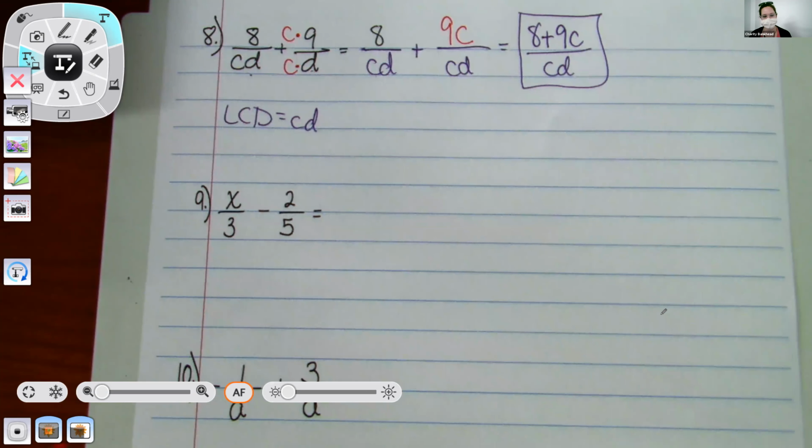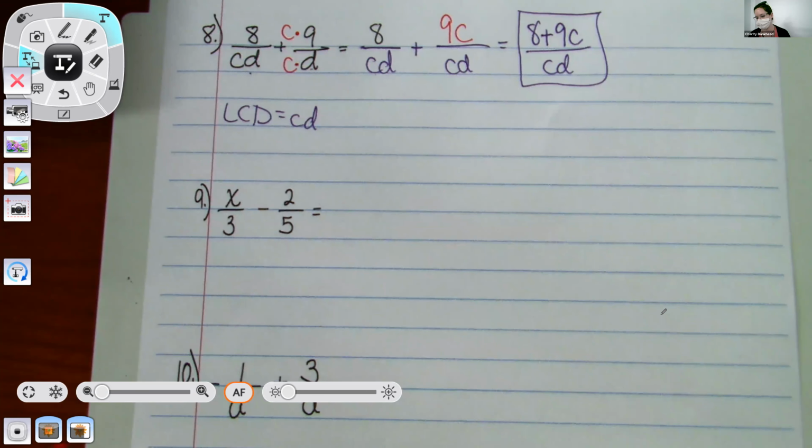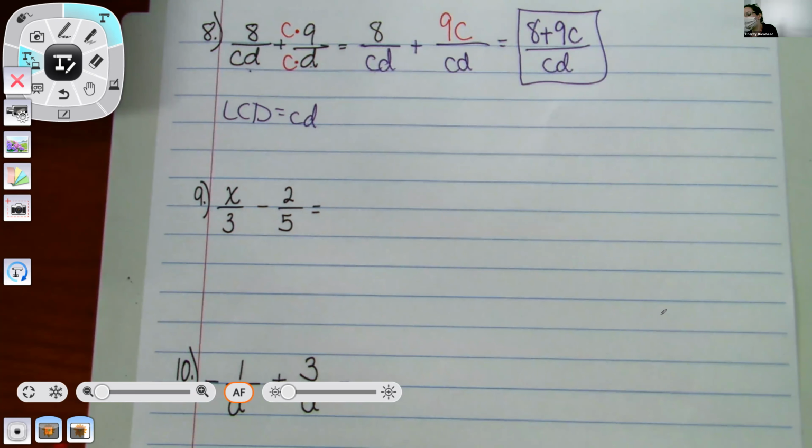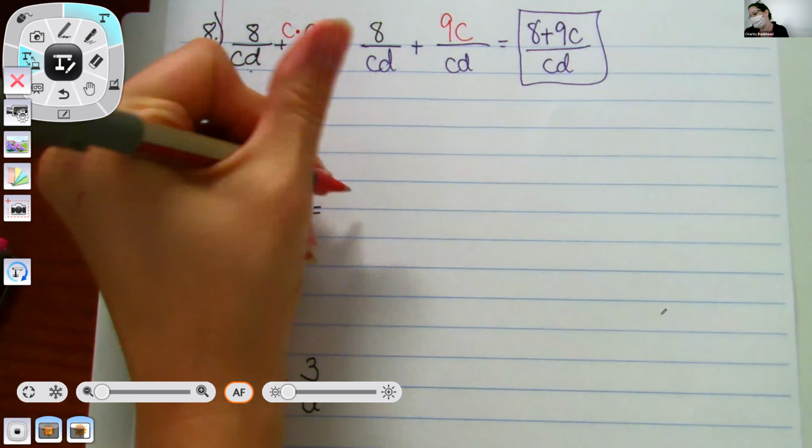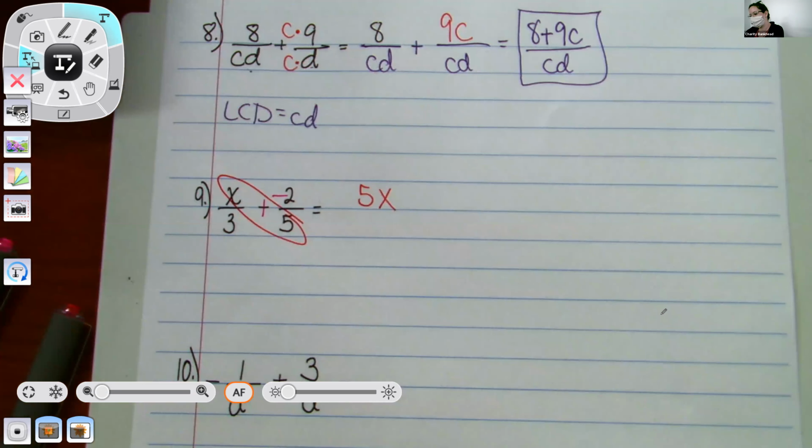All right, number 9. So 3 and 5 don't have any common factors, so I would do bow tie on this one. So that's going to be 5x minus 6.